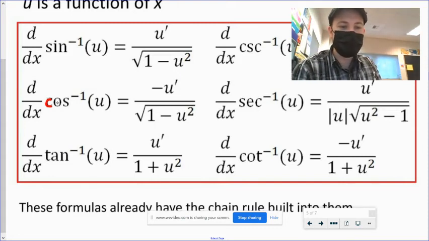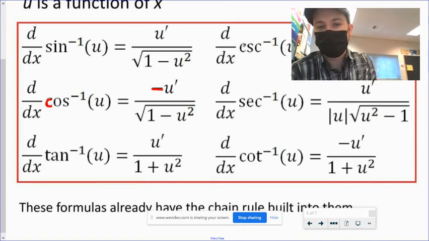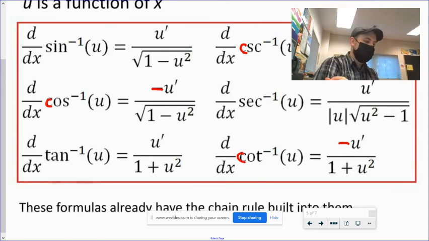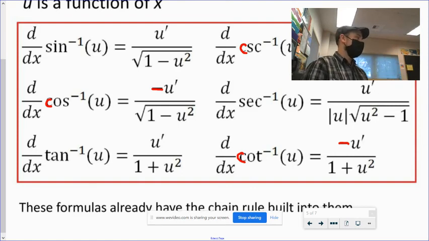So if it's a co of some kind, it is going to get the negative. In that sense, if you were to commit these to memory, you would really only need to memorize 3 of them, and then just know that there's a relationship between cosecant and secant, between sine and cosine, and between tangent and cotangent. That's why they're named those ways.